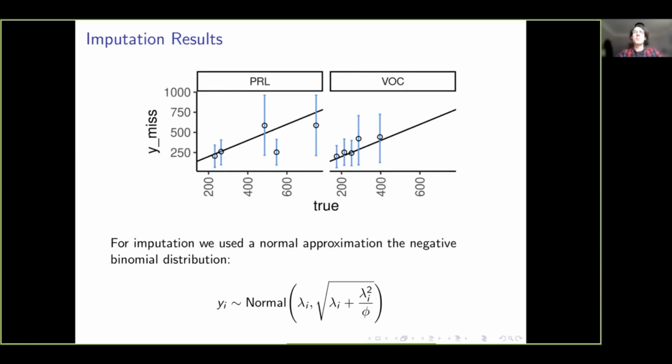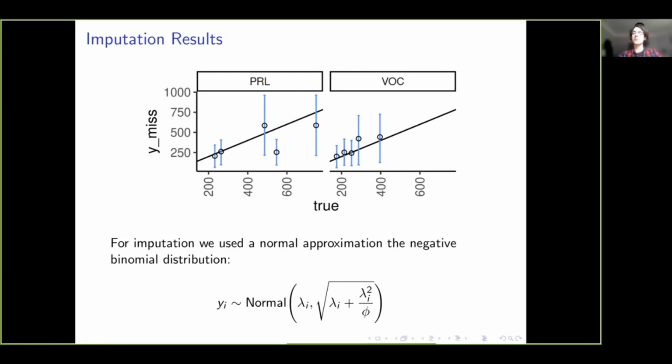To demonstrate the imputation performance of the model, observations were uniformly removed from the dataset, and true values were compared to their posterior estimates. These have been plotted here. Y-axis are the missing values, and on the x-axis are the true values. Overall, there is good overlap with the identity line of the posterior intervals, showing good recovery in almost every case.